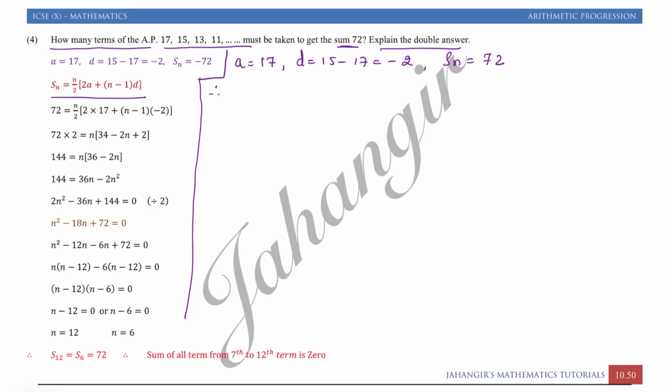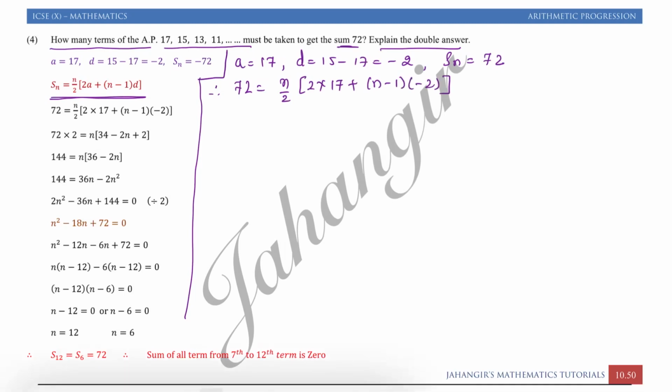The Sn formulas are written on the left side. You can just take a note of that. Sn is 72, which is equal to n by 2 into 2a plus n minus 1 into d. So 2 into 17 plus n minus 1 into d, which is minus 2.